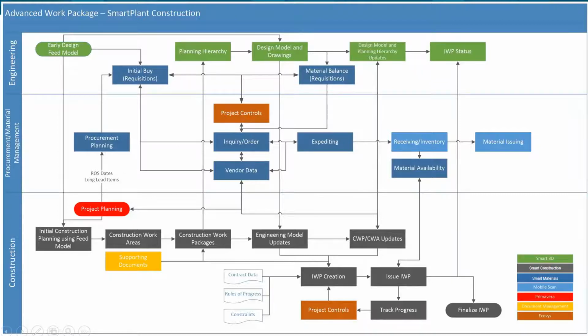We would have Smart Materials in blue, and in the light blue, mobile scan, which is a part of the Smart Materials suite. We have Primavera, which is non-PPM, in red for planning and scheduling. Document management, which is a part of SPF. Ecosys, which is project controls for us. And then in dark gray is Smart Construction.